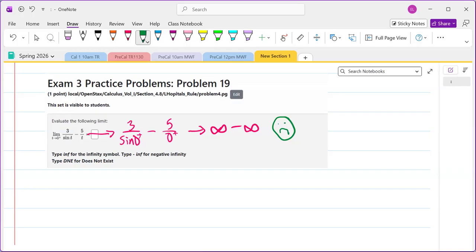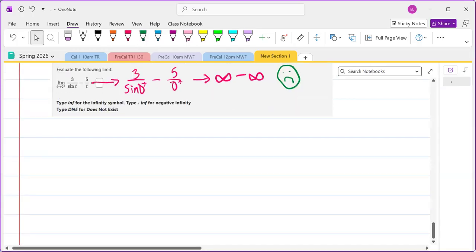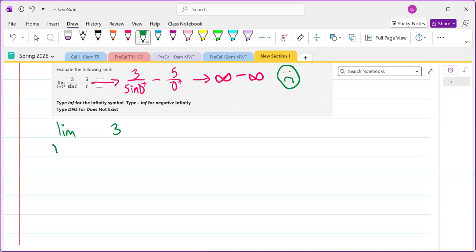So the first thing we actually have to do is combine these fractions algebraically. So we're still going to have our limit over and over again. But I have 3 over sine of t, then minus 5 over t.